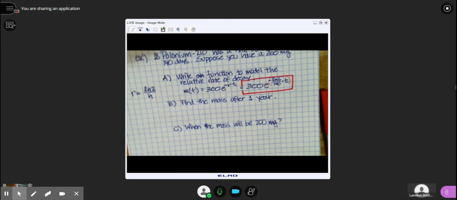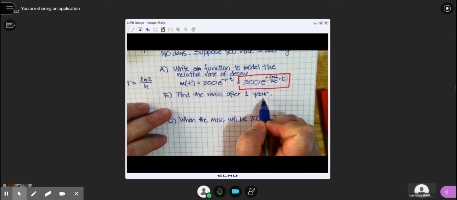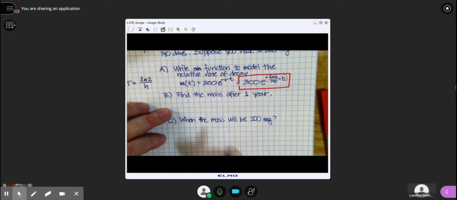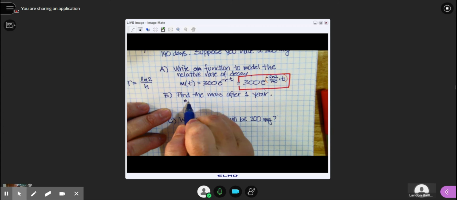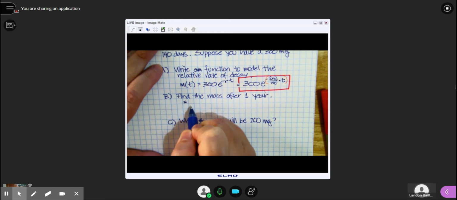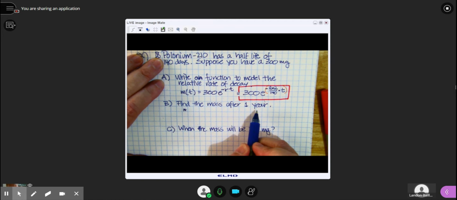Now find the mass after 1 year. We've got to be careful here. In the original problem, our time was given in days. So I can't suddenly switch here to years.